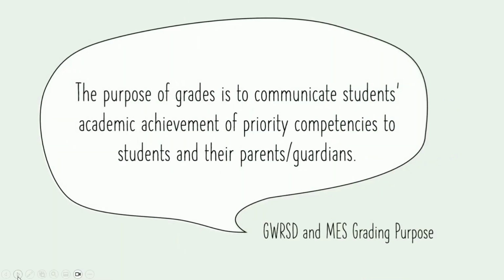A quick reminder that our district's purpose for grades is to communicate students' academic achievement of priority competencies to students and their parents or guardians. So, if our purpose is to describe for students and families a student's learning progress, and if we want to limit bad subjectivity, the grading scale that works best is a 4 or 5 point scale.